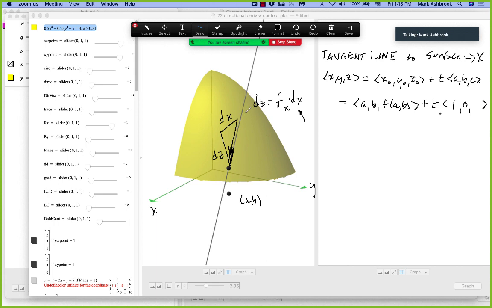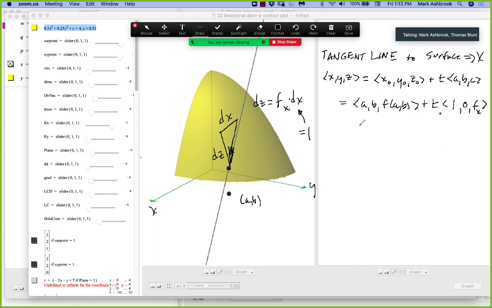So on this line, if x changes by 1, then, according to the partial derivative with respect to x, how much does z change? That's partial of x. So that gets us our vector that's tangent to the surface, but also, in the x direction, parallel to the xz plane.